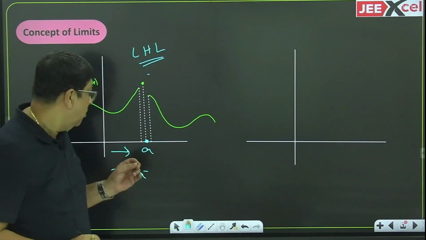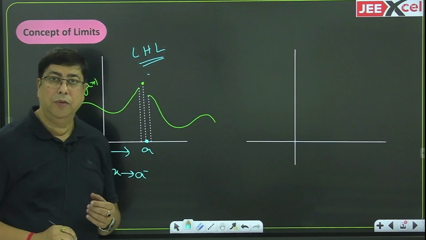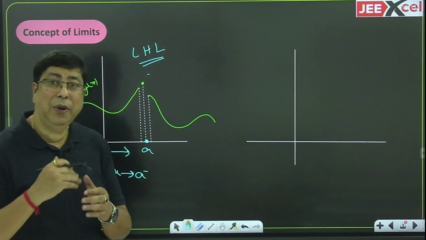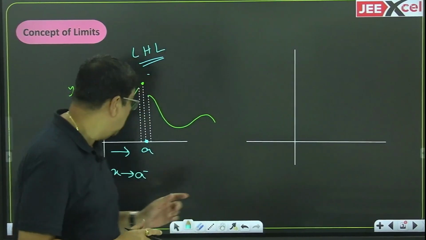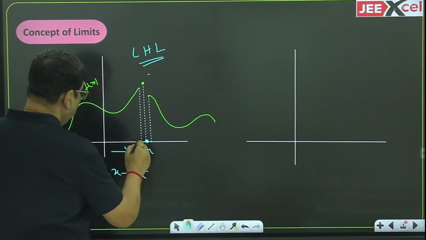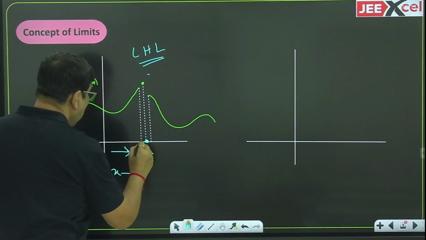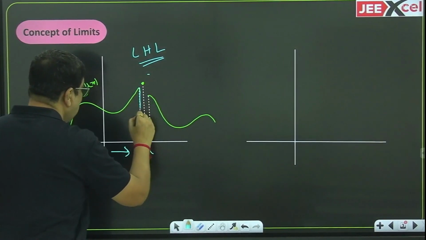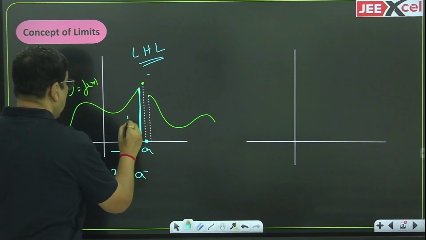So the difference between a and a minus is very small. Very small means what? This is called the pre-assigned positive quantity. However small you think, even smaller than that. So x is approaching towards a from the left hand side, right? Therefore we can say that when x tends to a minus, the value of the function is suppose k.